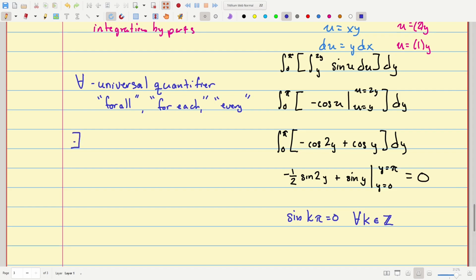And there's another symbol, backwards E. It's known as the existential quantifier. All right.